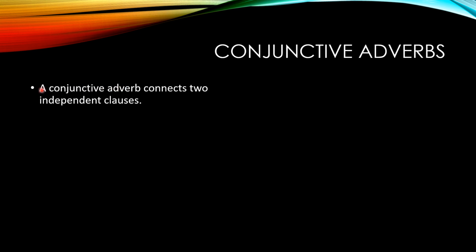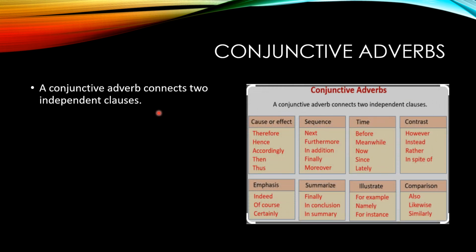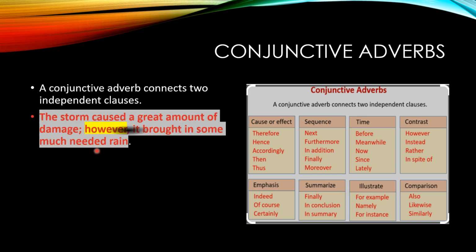But conjunctive adverbs are those which connect two independent clauses. So none of the phrases or words or sentences will be depending on each other. If they won't be depending, then we can call them independent clauses.